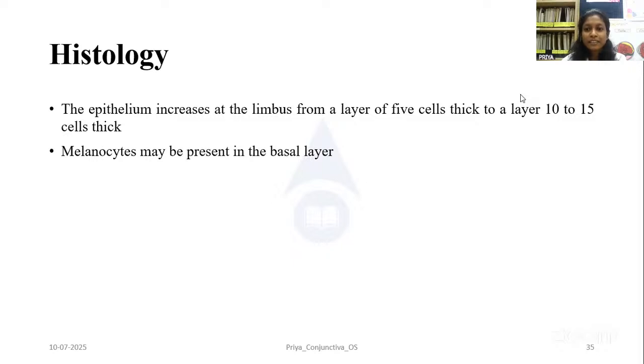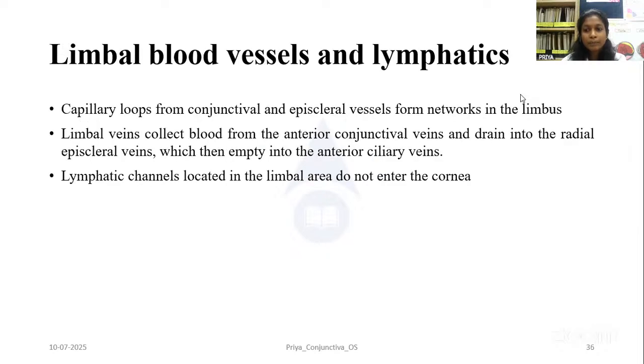Histology. Limbal histology includes basal epithelial cells, melanocytes, and specialized niches for stem cells, supported by vasculature and connective tissue. Limbal blood vessels and lymphatics. The limbal vessels provide nutrition to the peripheral cornea and support stem cell function.